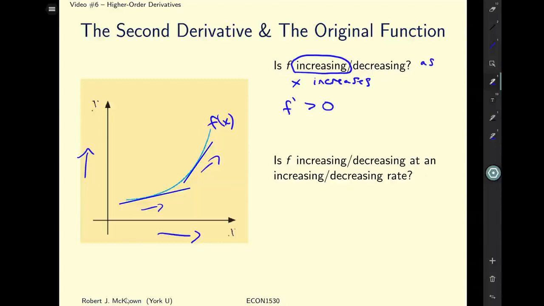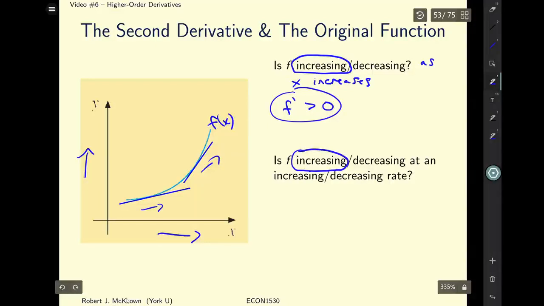Now, is f increasing or decreasing at an increasing or decreasing rate? Well, we know that f is increasing, so that gives us the first part.